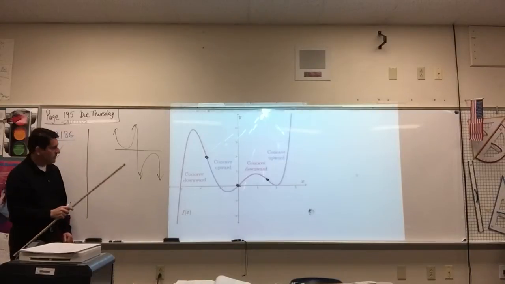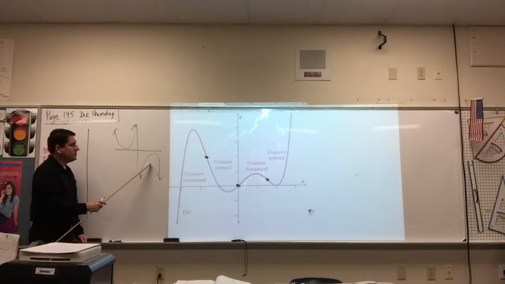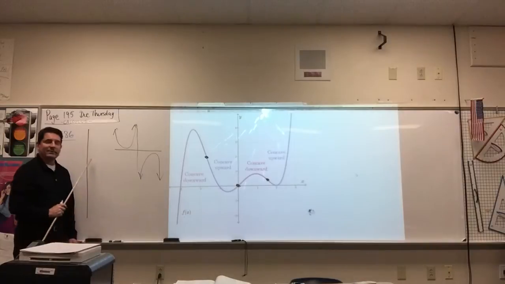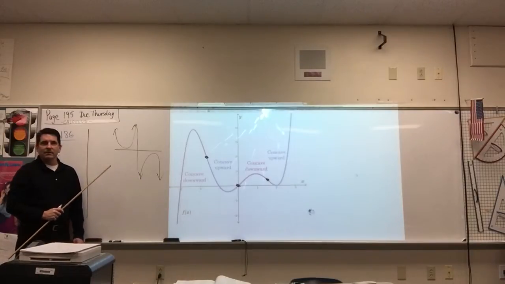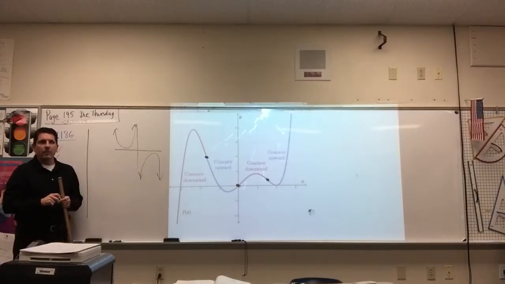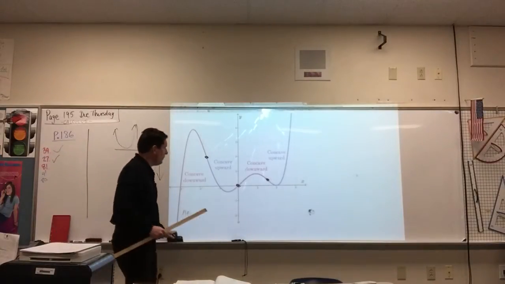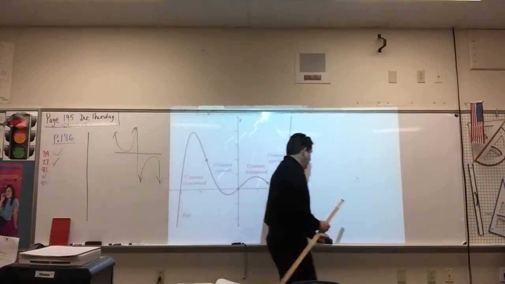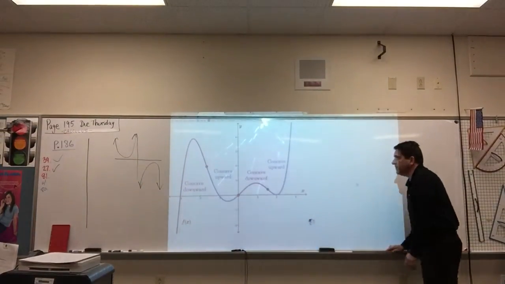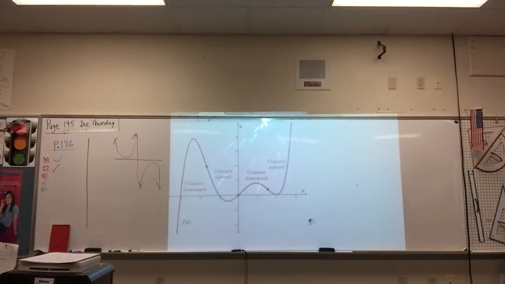So you can have concavity that changes, but not have a point of inflection. If there was a continuous graph, then would there have to be? There would have to be a point of inflection. Very good wording, too. Okay, so this is a quick visual. Let's take a look at a couple of other ones that I've got.